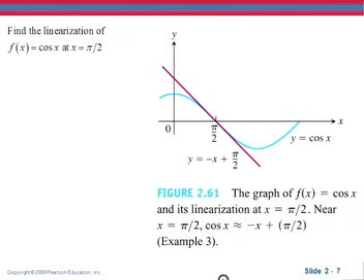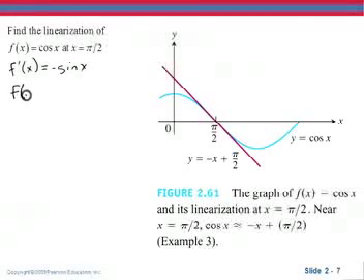Now let's find one other linearization, and that's the linearization of f of x equals cosine of x at x equals pi over 2. Well, the first thing we need to do is find f prime of x. Remember, the derivative of cosine x is negative sine x. Now we are looking at x equals pi over 2, so I'm going to find f of pi over 2, which is the cosine of pi over 2.